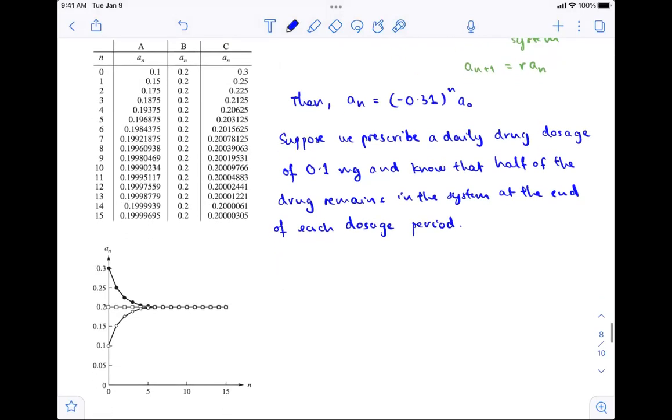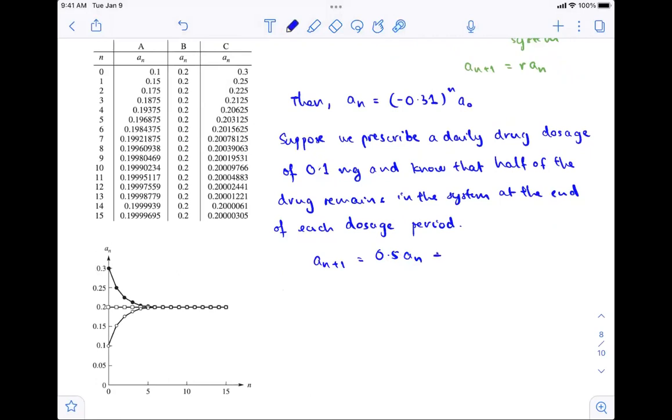Okay, so you have a sub n plus 1 equal to 0.5 times a sub n, right? Because after each dosage, 50% or half of the drug remains in the system. But you have additional information for this particular problem: you add 0.1 milligram of drug dosage into the system after each dosage period.